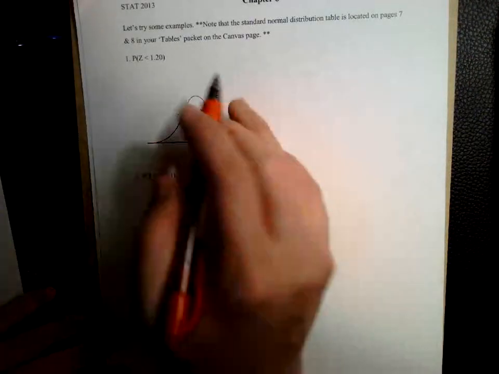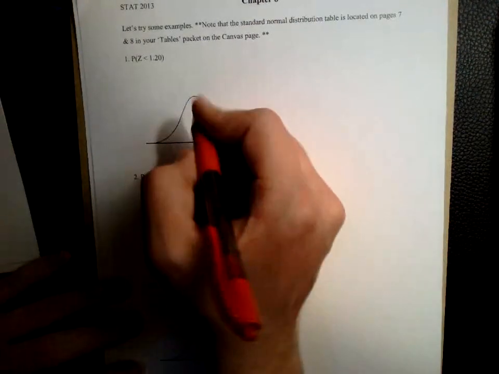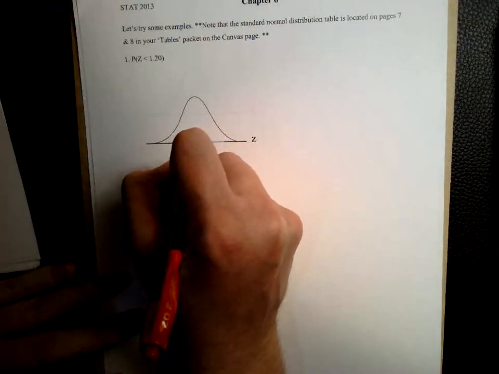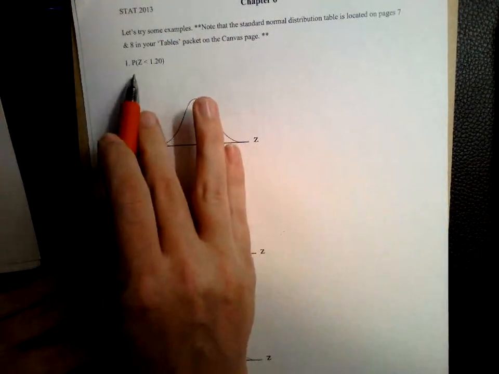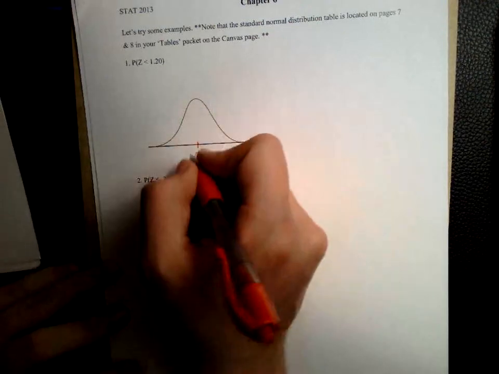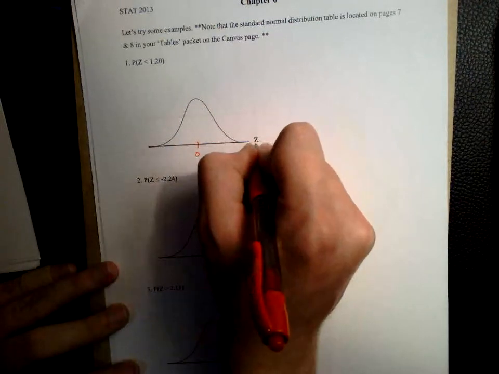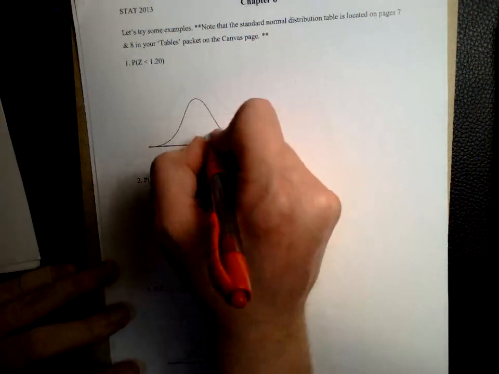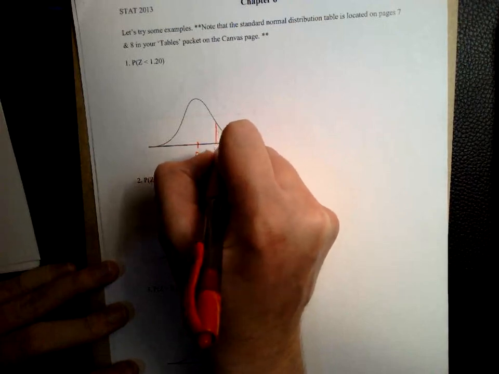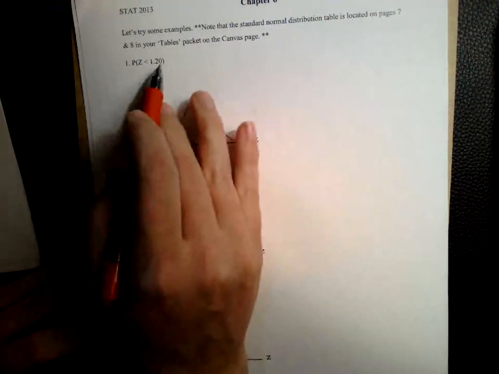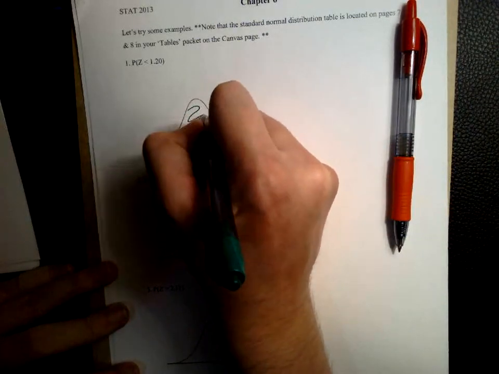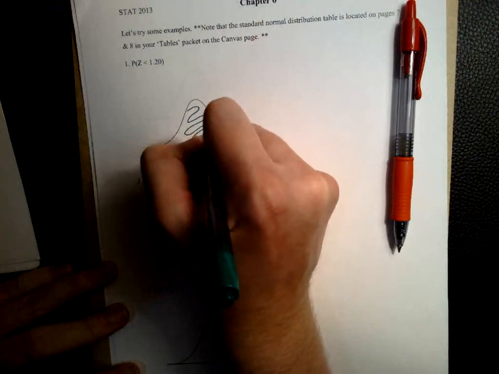The first one, let's do the steps here. So first thing, we have drawn the curve. Now we want to shade the appropriate region. It says, what is the probability of getting a z-score less than 1.20? So we know that our z has a mean of 0. So we'll say 1.2 is probably around right here. And we're interested in what's the probability of z being less than that. That means we're interested in all of this area to the left.